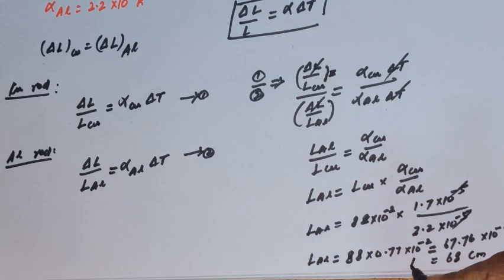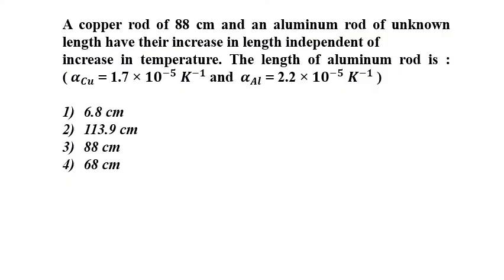This is the length of the aluminum rod. So from the above calculation, we got the answer, which is the fourth option, 68 centimeter. This is the right answer.